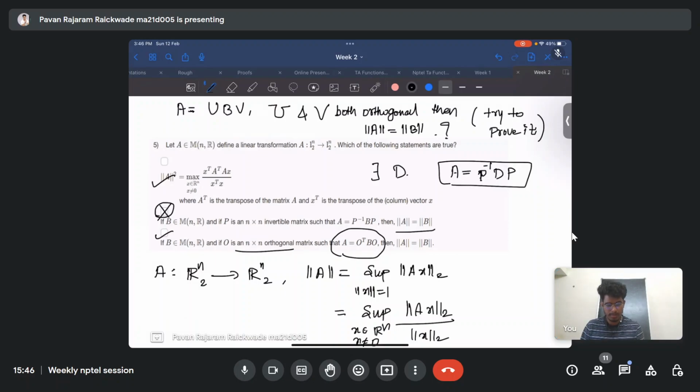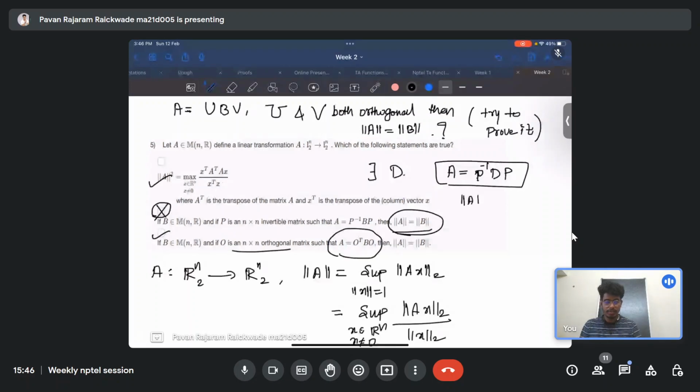So if you just diagonalize, what is the use of it? Option B says that these two need not be the same. If you want to relate a matrix norm with its diagonalized matrix norm, then this representation is not going to help, because for any invertible matrix P, it is not true that the norms are the same.